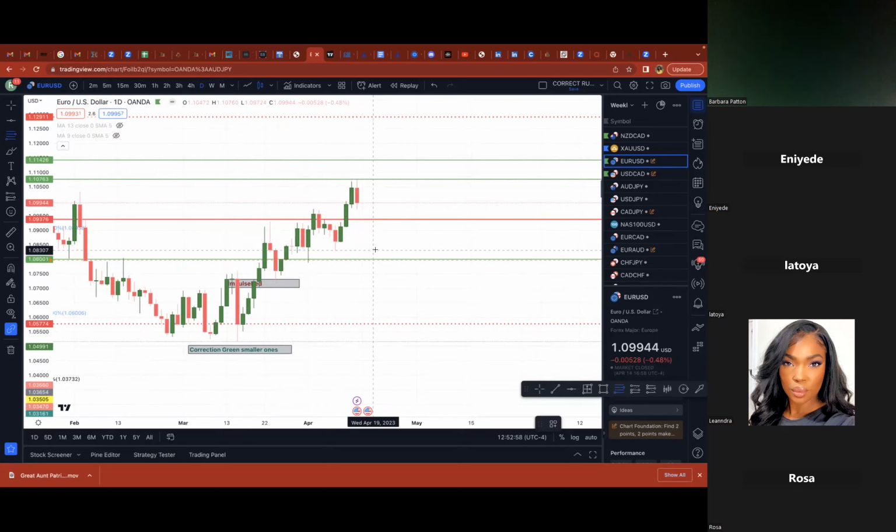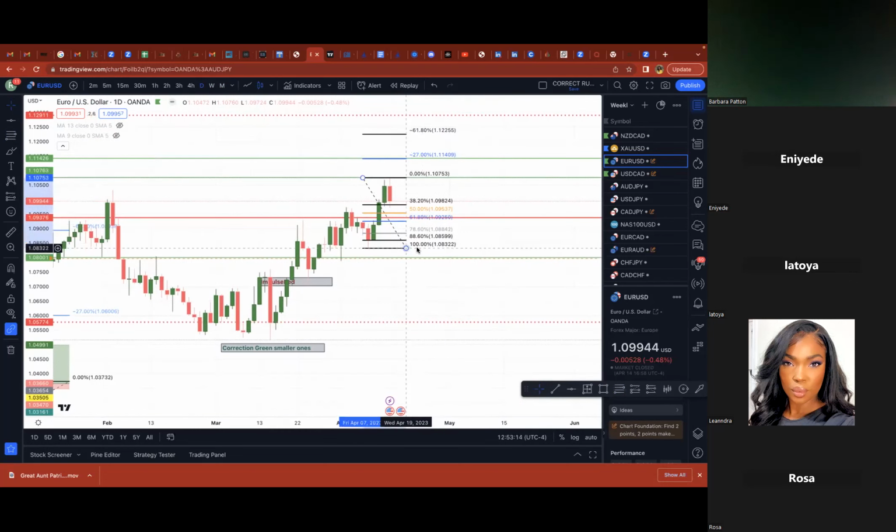Line up your fib, the bottom of the... sorry, hold on. Am I doing this right? I feel like I'm doing this wrong. Okay, so here is where price is now. We have one retracement candle. We're looking for at least a second retracement candle.